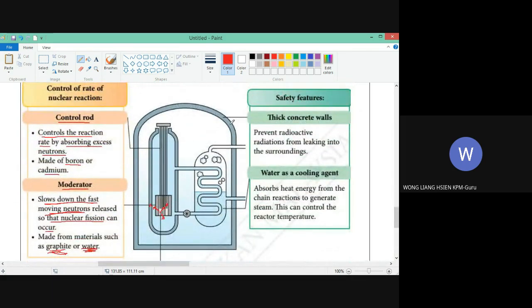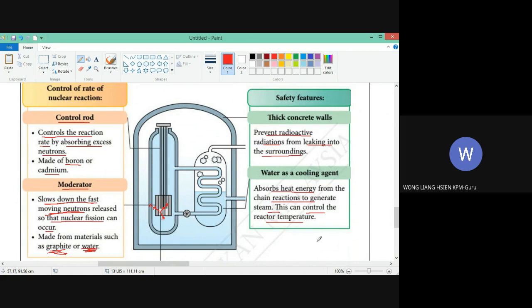Thick concrete wall. This wall is a thick concrete wall to prevent radioactive radiation from leaking to the surroundings. Water as a cooling agent absorbs heat energy from the chain reaction to generate steam. This can also control the temperature of the reactor. So this cooling system is very important.